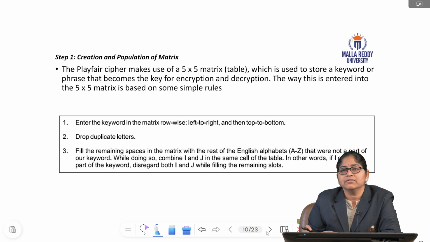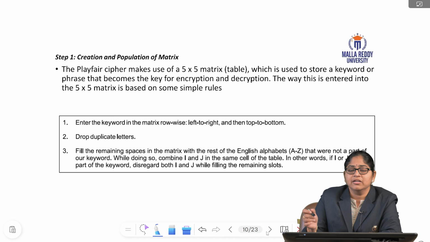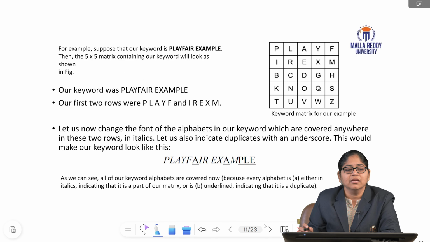The first rule is we need to enter the keyword left to right as well as top to bottom. If any duplicate letters are there in the keyword, we need to delete the duplicate letters. And we need to consider a single cell for both the alphabets I and J, so that we can accommodate all the 26 letters in the 5 by 5 matrix by considering I and J as a single cell.